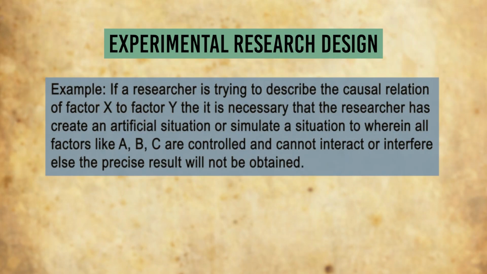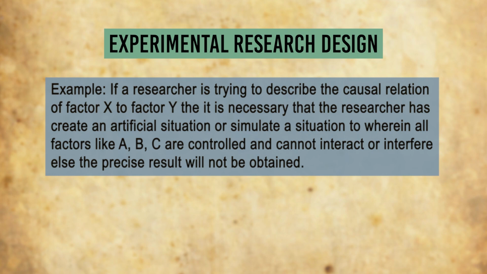If I have to provide an example here, if a researcher is trying to determine or describe the causal relationship between factor X and factor Y, and there are three factors A, B and C which might affect the research, then A, B and C become the control variables which have to be kept under check and cannot be let to interfere with the result.